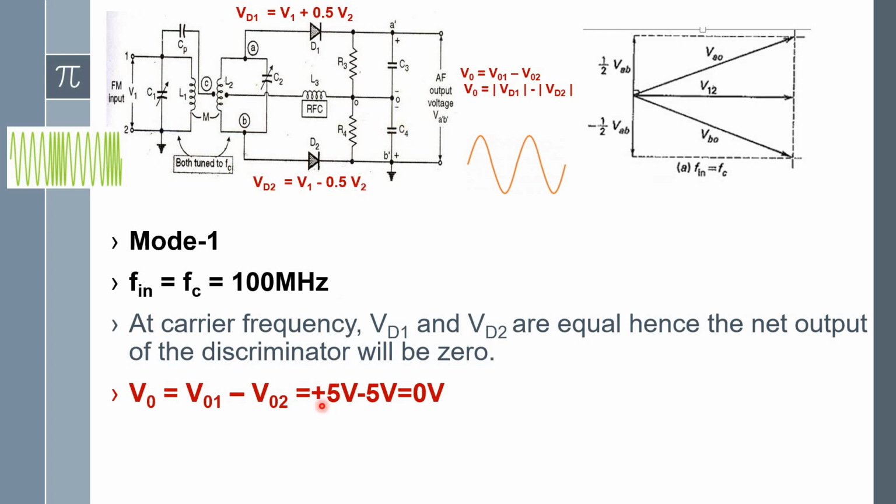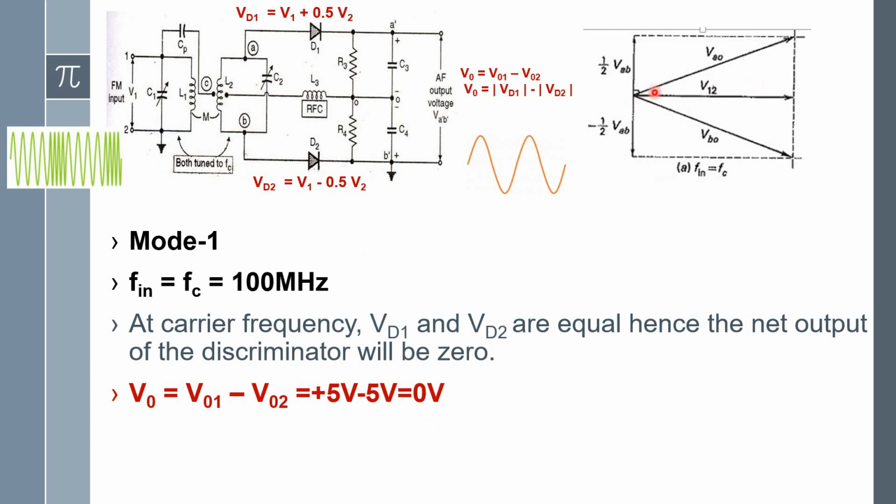Here we mention them as plus 5 and minus 5. So this potential is equal, which means the net output, the difference between V01 and V02, we consider as 0.